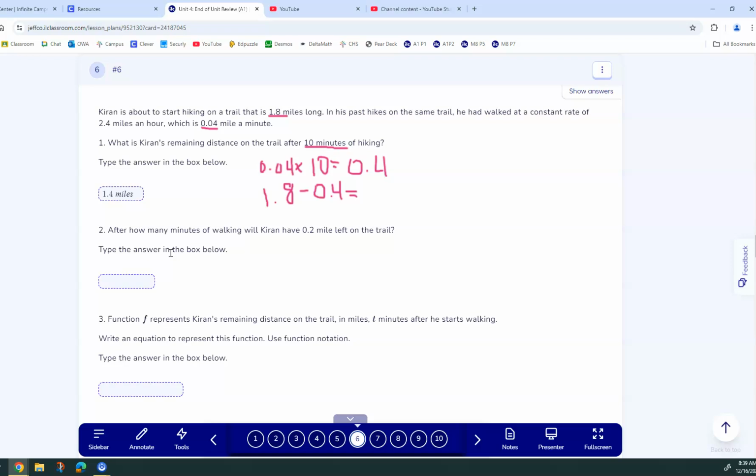All right. Number two. After how many minutes of walking will Kieran have 0.2 miles left on the trail?